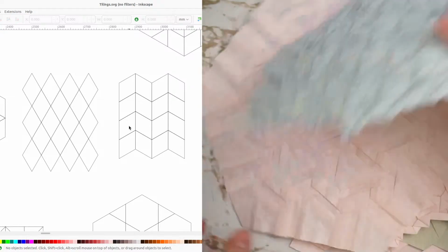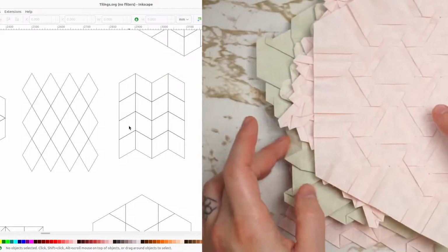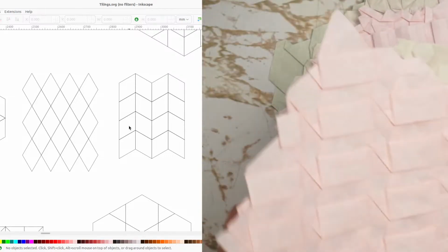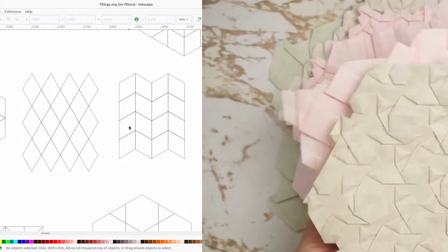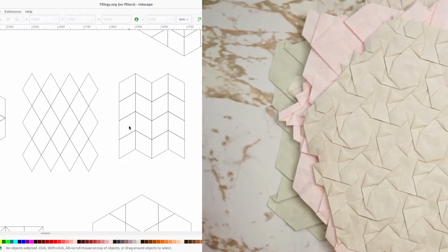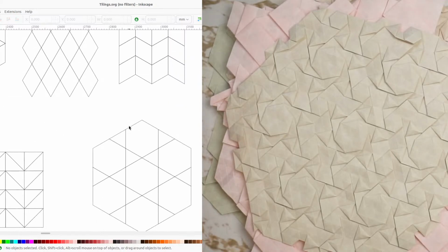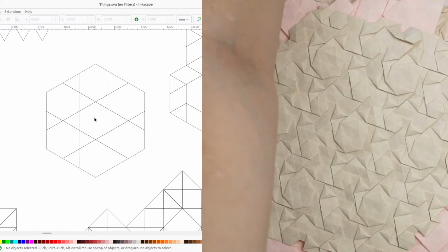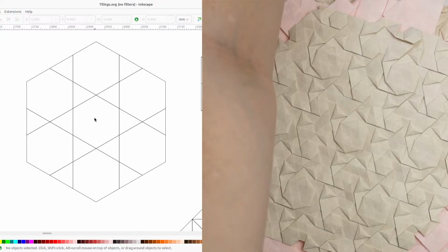So I want to talk a little bit about hexagons and the patterns that they show up in, where we're starting with this hexagons and triangles six-fold tiling.